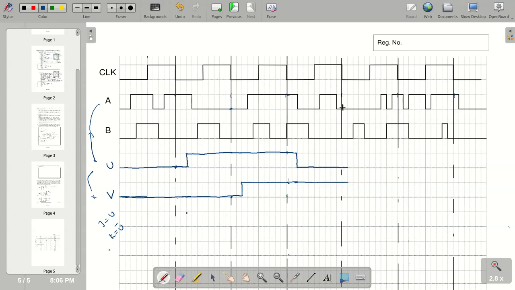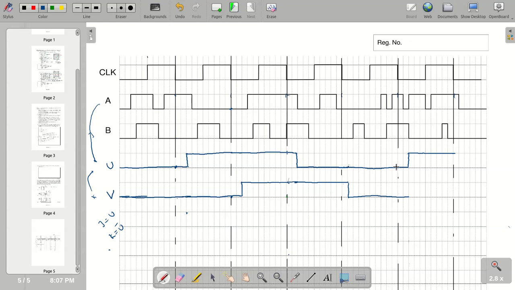Okay, here again it looks at A is low, and K is high, so it's going to be at the reset, so it's going to stay that way. This looks at U, which is low, J is going to be 0, K is going to be high, so it's at the reset. This goes down and stays like that. Here looks at A is high, K is low, so it goes high, stays the same.